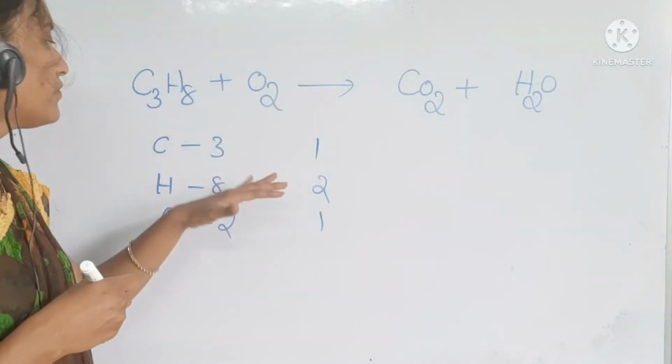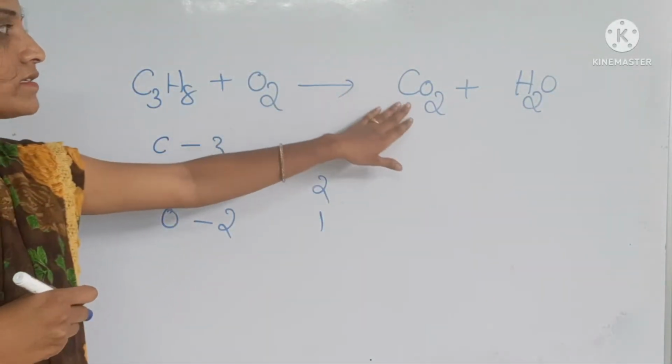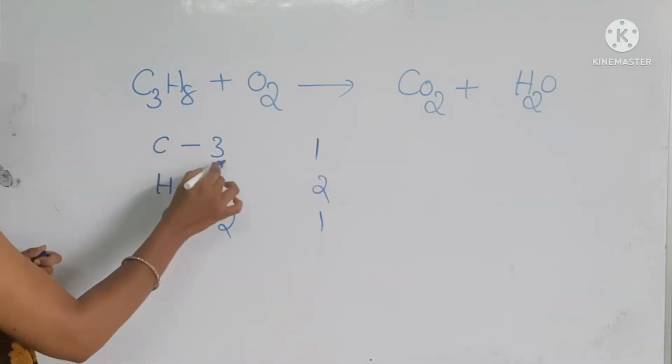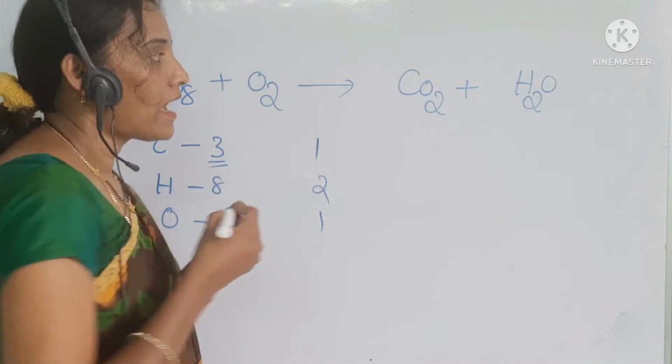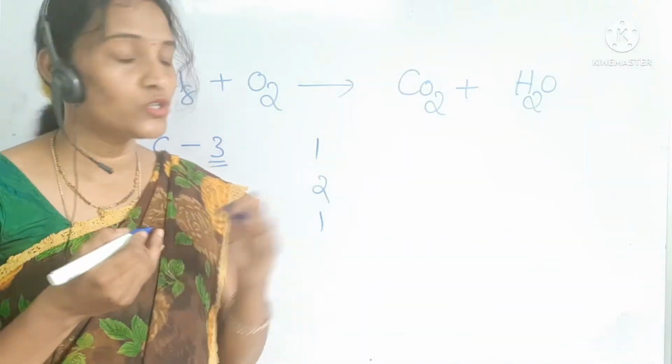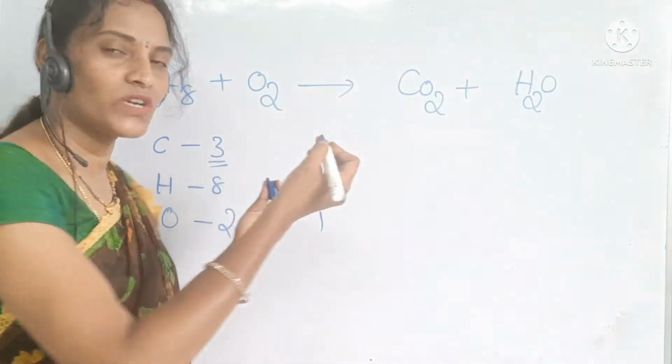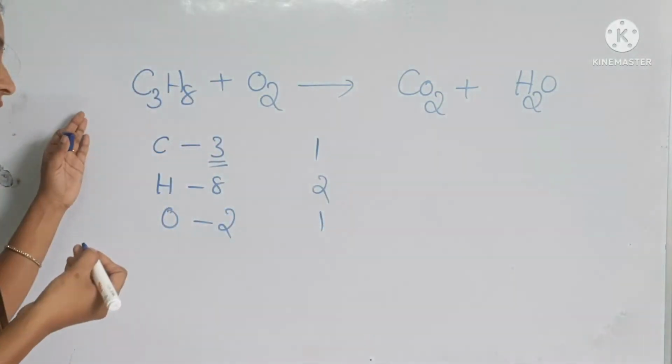Okay, see, first try to balance the carbon. The number of carbon atoms on the reactant side is 3, so you should add coefficient 3 to the carbon dioxide on the product side, the RHS, meaning right hand side; LHS means left hand side.